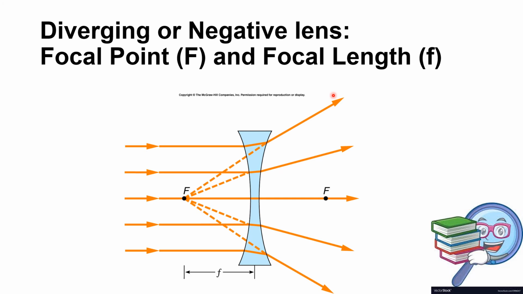That's why it is called a diverging lens. And when you extend the refracted rays in front of the lens, they will meet at a common point called the virtual focus or the virtual focal point.